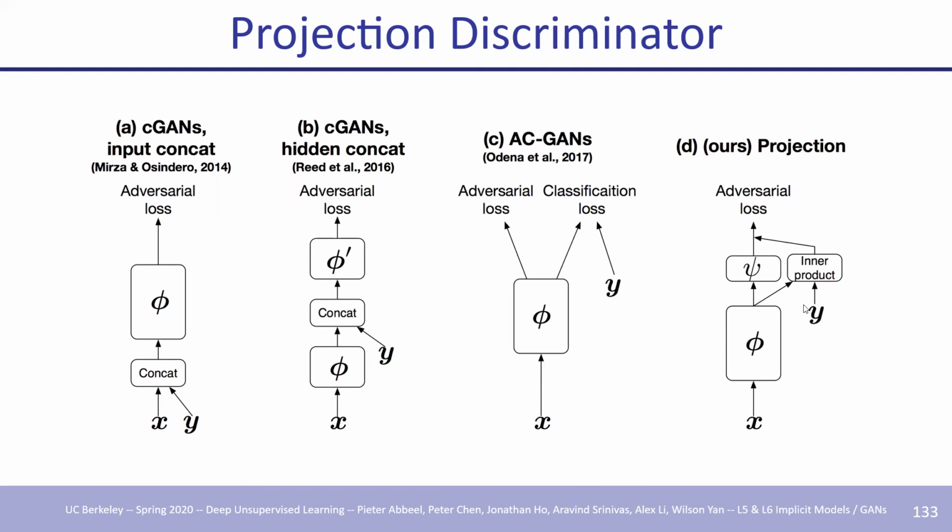And I think they're saying their method is to add the classification label here, and they have just the adversarial loss instead of a separate classification loss. So it's the conditional stuff we looked at before. If you have the class labels, then it trains a little bit better, right?